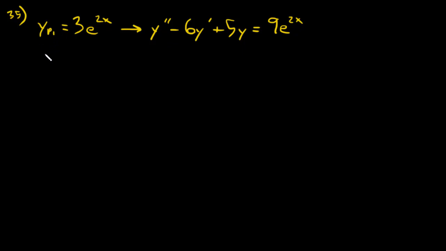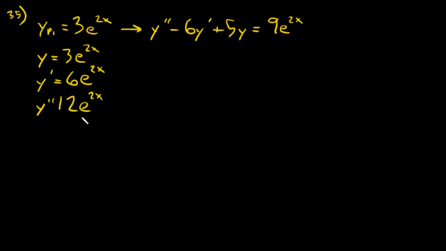So I'm going to call this just y is equal to 3e to the 2x, and so y prime is just going to be 6e to the 2x, and y double prime is going to be 12e to the 2x.